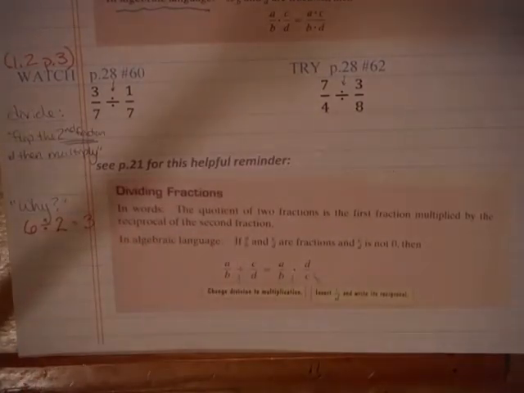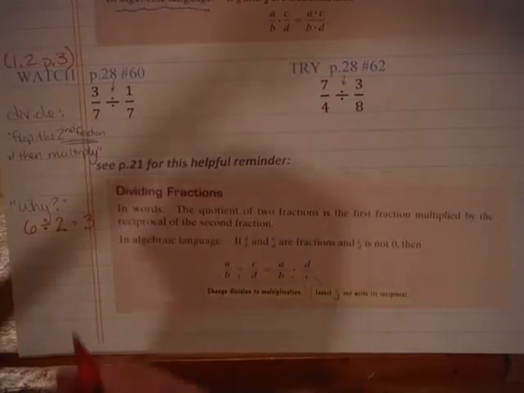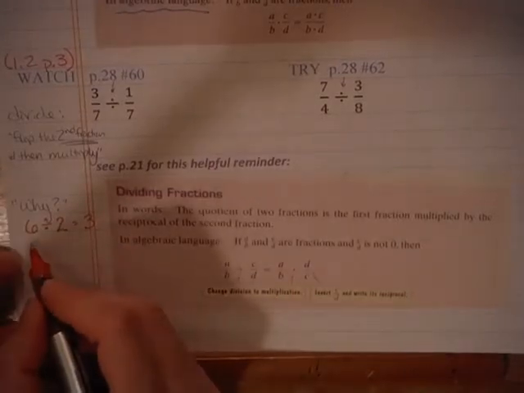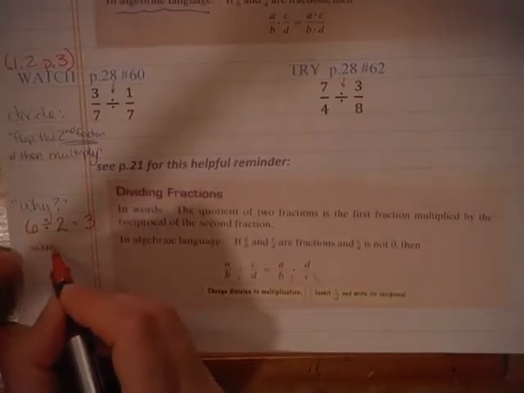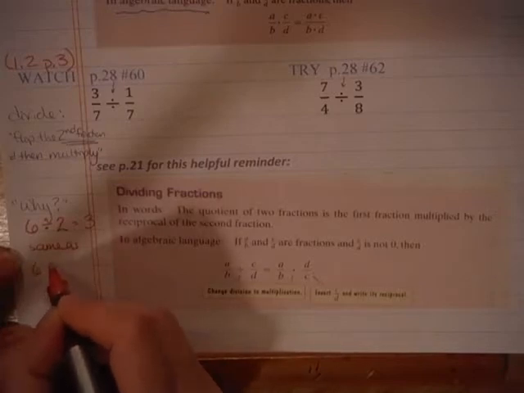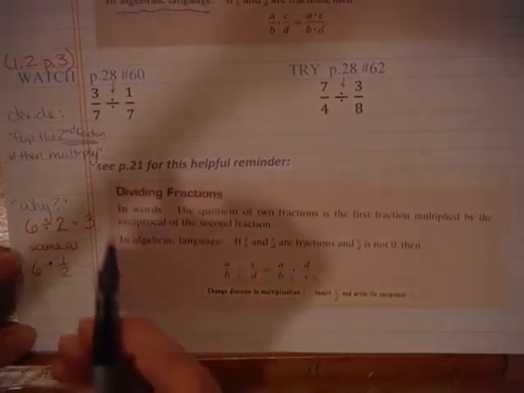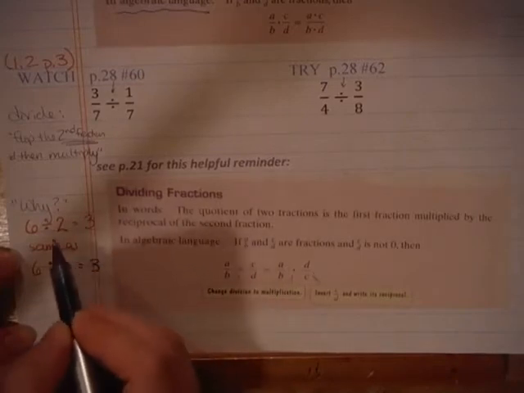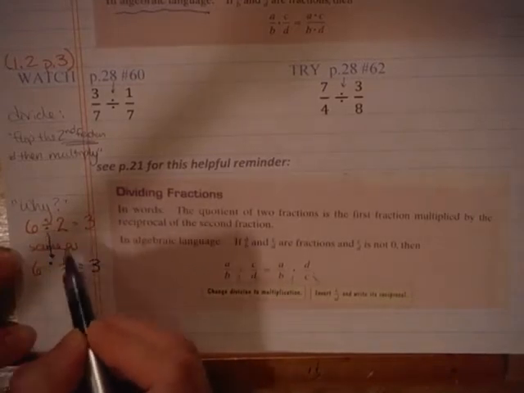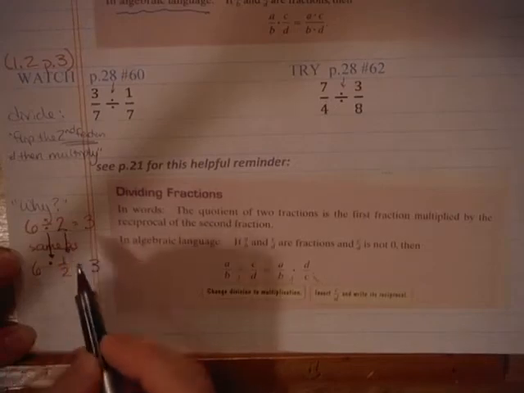Some might even say, oh, I'm just cutting that in half. That's exactly right. That's the same thing you would get if you did 6 times 1/2. Well, notice that that also equals 3. Notice that the division becomes multiplication and 2 becomes 1/2. What is that?